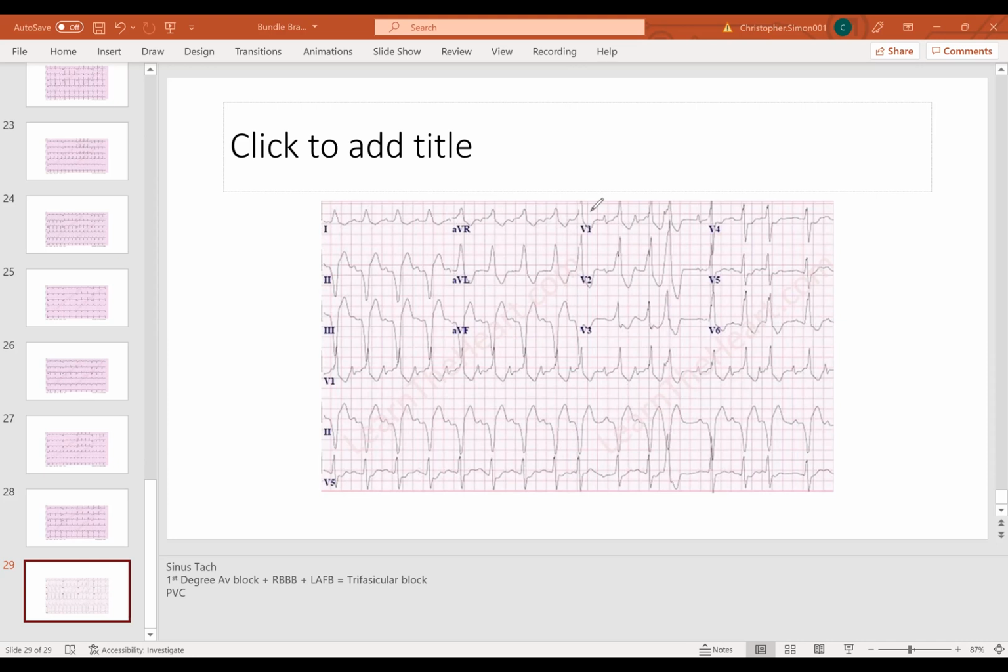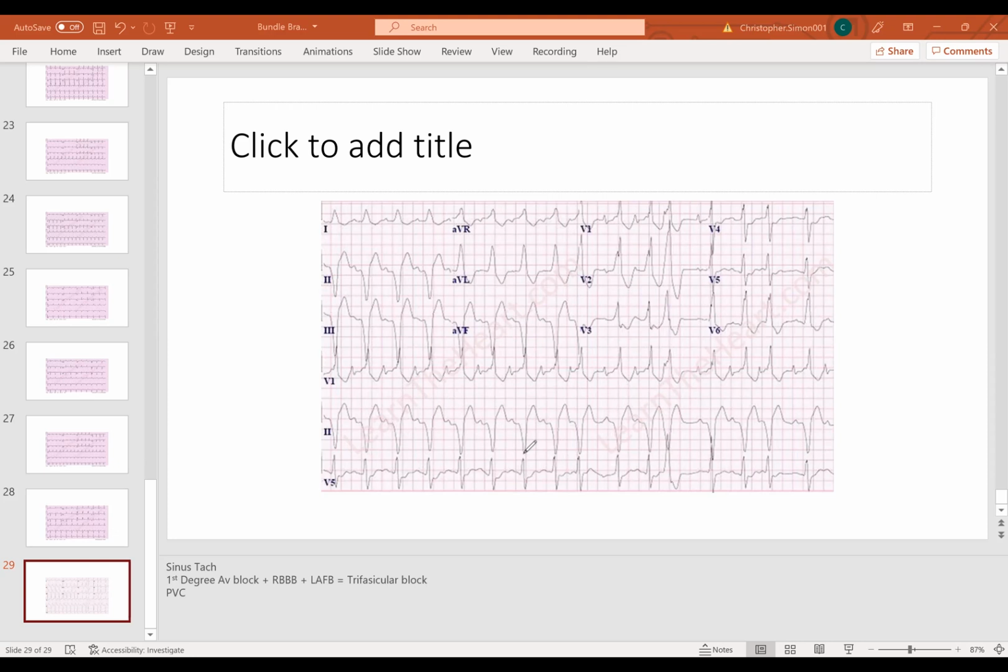This looks a little prolonged almost. That looks like it's like 0.22. Yeah, it's just a hair over 0.20. So we technically have a first degree AV block because we have just a barely prolonged PR interval.